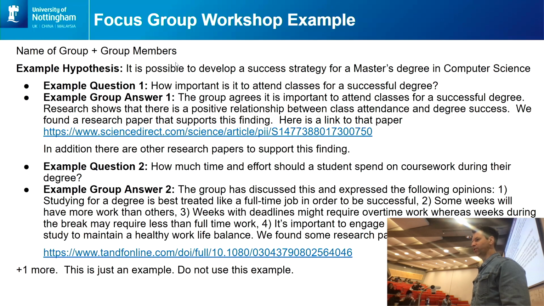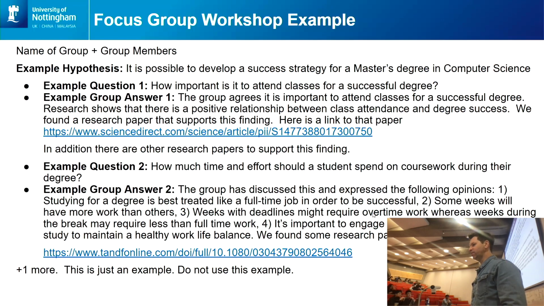Another example question related to the hypothesis is: how much time and effort should a student spend on coursework during their degree? The group has discussed this and expressed the following opinions. 1, studying for a degree is best treated like a full-time job in order to be successful. Some weeks will have more work than others.